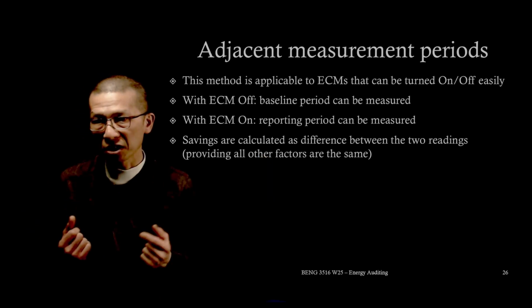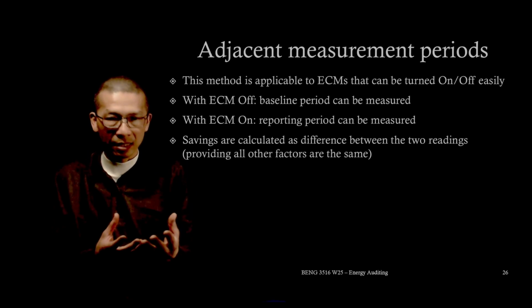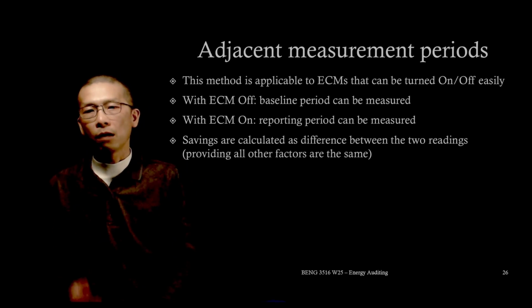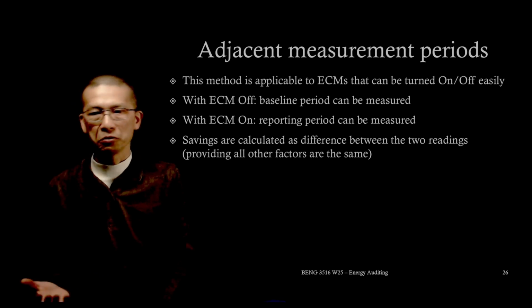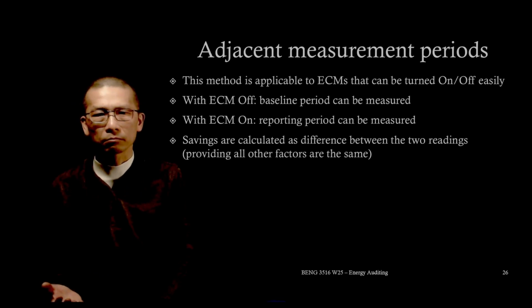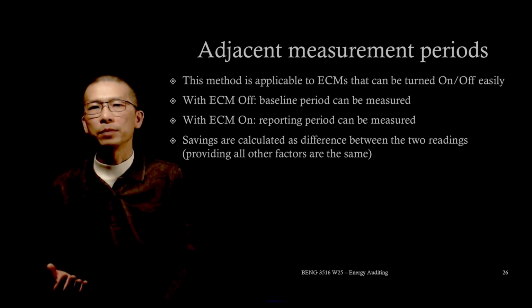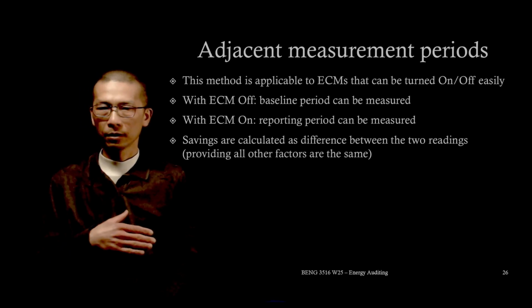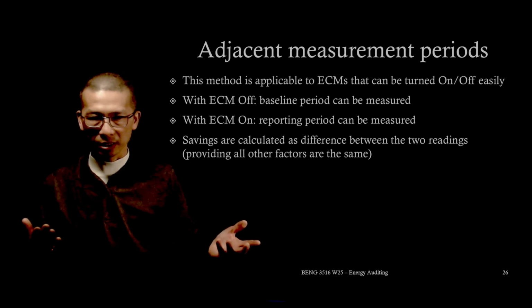So the example here is a lighting control system. Maybe we install a lighting control system that automatically dims the light during daylight hours, and the baseline period would be the control system is turned off, energy use is measured for a few days, for example.